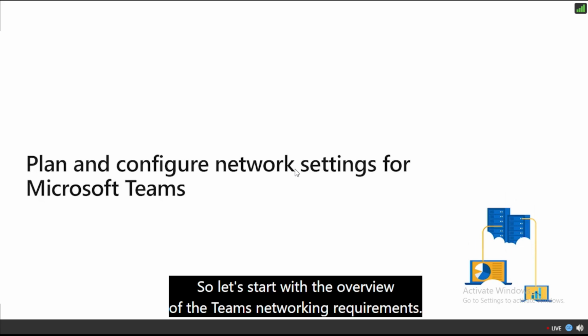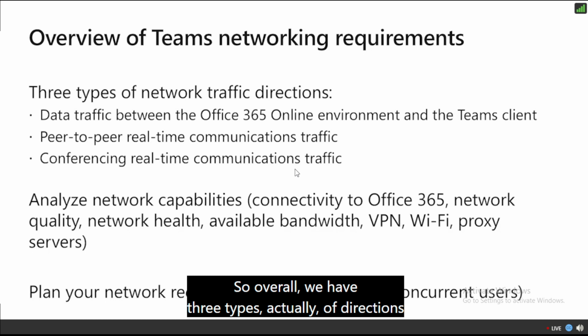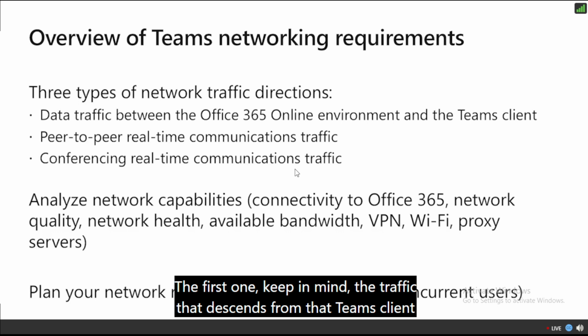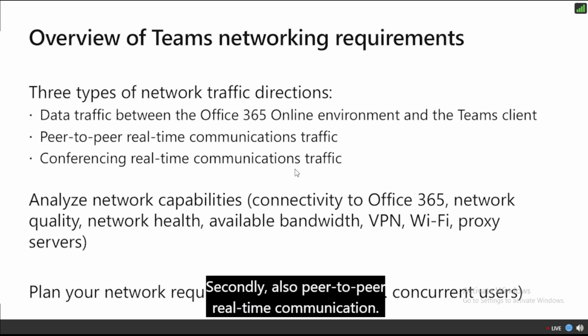So let's start with the overview of the Teams networking requirements. Overall, we have three types of directions in which traffic flows. The first one, keep in mind, is the traffic that is sent from the Teams client to Microsoft 365 in the cloud. Secondly, there is peer-to-peer real-time communication.